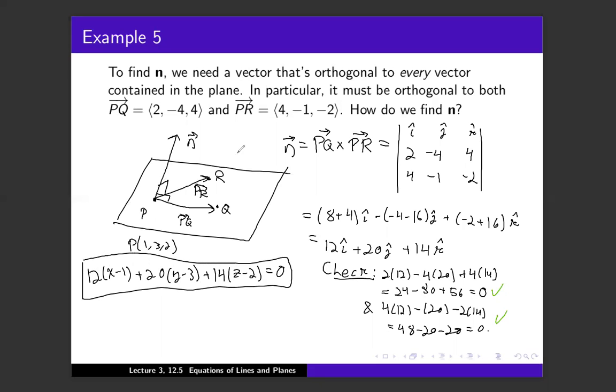That is our plane equation. That will give us the equation for this plane with these 3 points. Okay, so that's great. That's a very big step in the right direction for us.